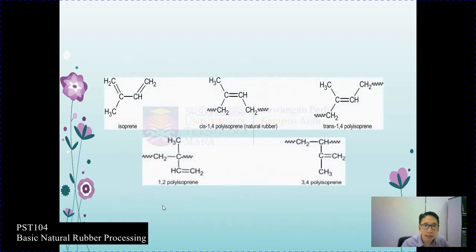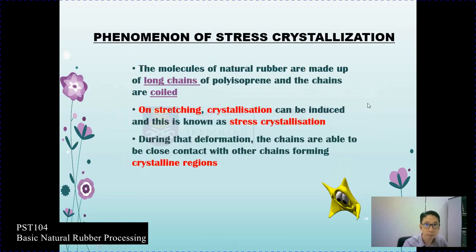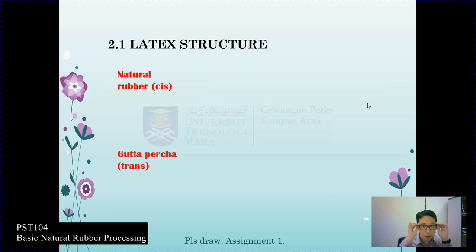So these are the chemical illustrations of the isoprene converting into polyisoprene, cis polyisoprene and trans polyisoprene. Too much to worry about this. Usually in class I would like you to draw the natural rubber, cis, and trans, which is known as gutta percha, because during tests or final exams, I ask students to draw this structure.